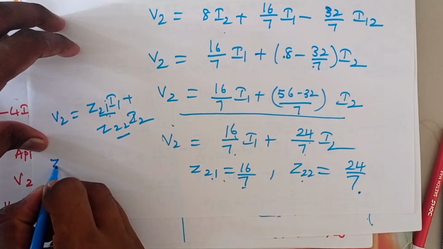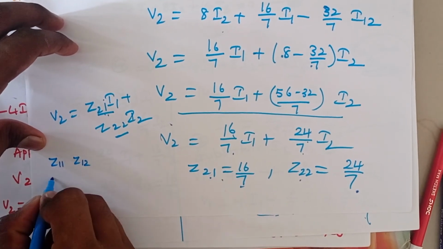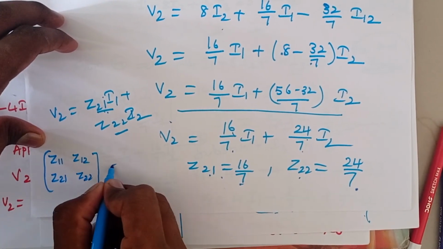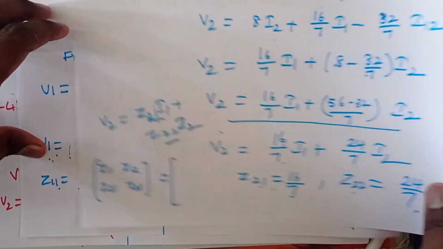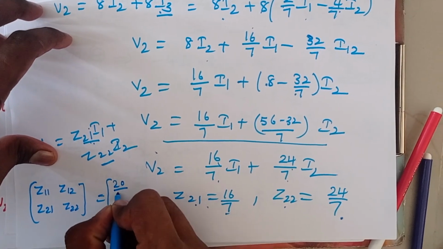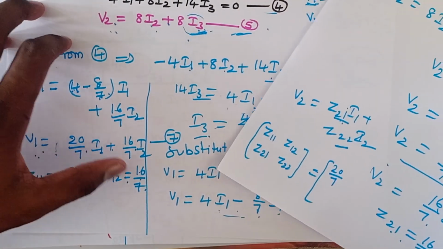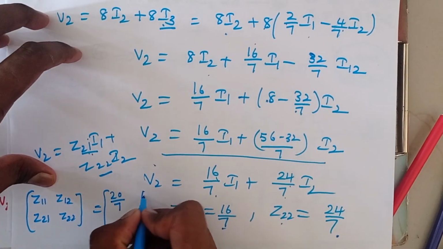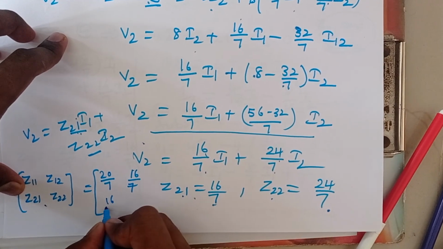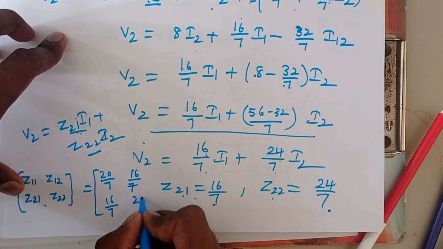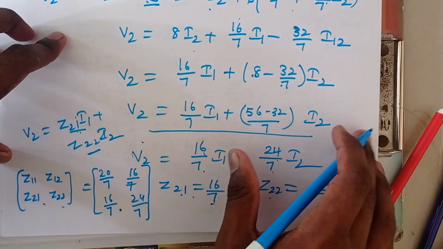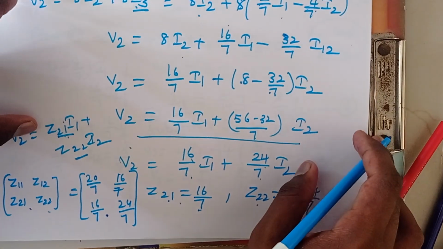The complete matrix is Z11 Z12 Z21 Z22, where Z11 equal to 20 by 7, Z12 equal to 16 by 7, Z21 equal to 16 by 7, and Z22 equal to 24 by 7. These are the Z parameters. This is how the Z parameters are found by using the two-port networks.